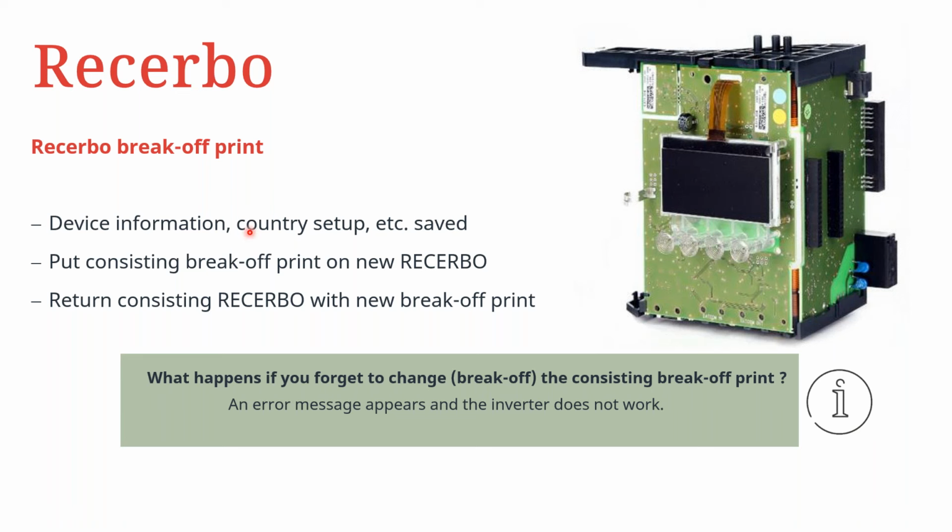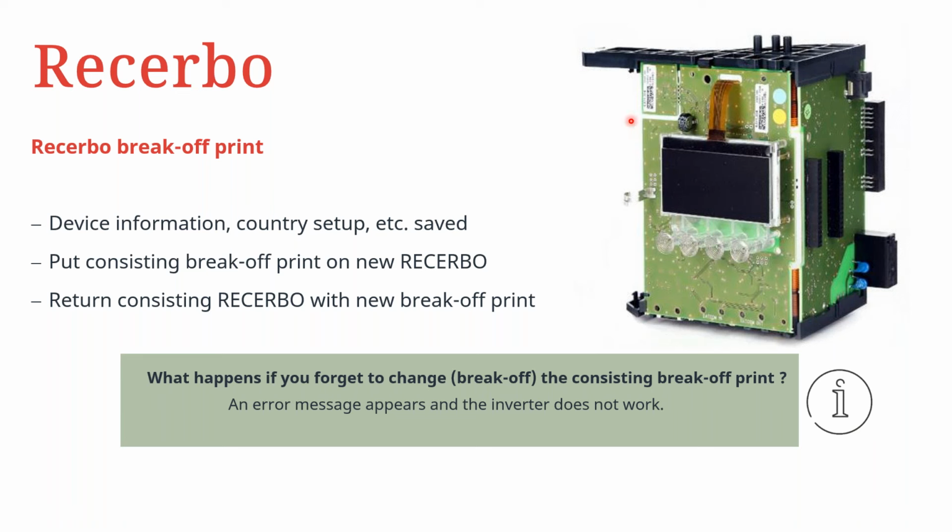Okay, so this means that in a case where we have the Reservo unit to be exchanged, what needs to be done is that this memory chip has to be broken off. Because, as I mentioned, the entire information about the inverter or the Reservo to be replaced is contained in this chip. So you need to break it off and put it in the replacement.